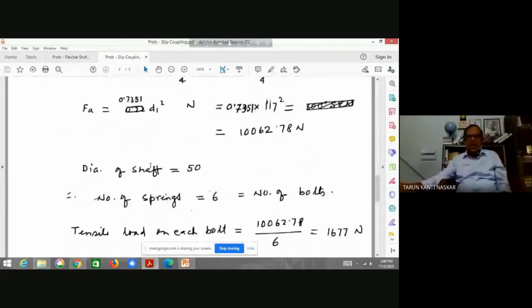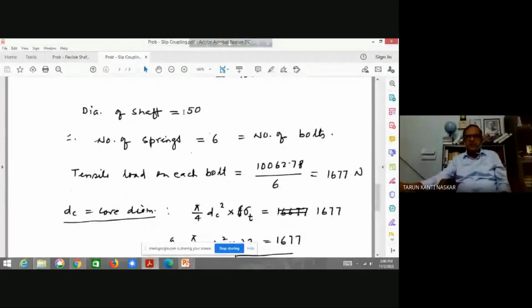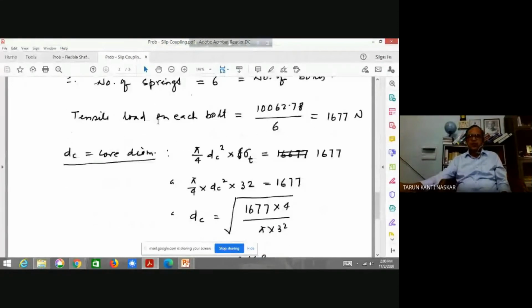Then the diameter of the shaft is this. Since the diameter of the shaft is 50, from the empirical relation the number of springs is 6. That means the number of bolts is 6. So the tensile load on each bolt is the total tensile load divided by 6, that is 1677 Newton.